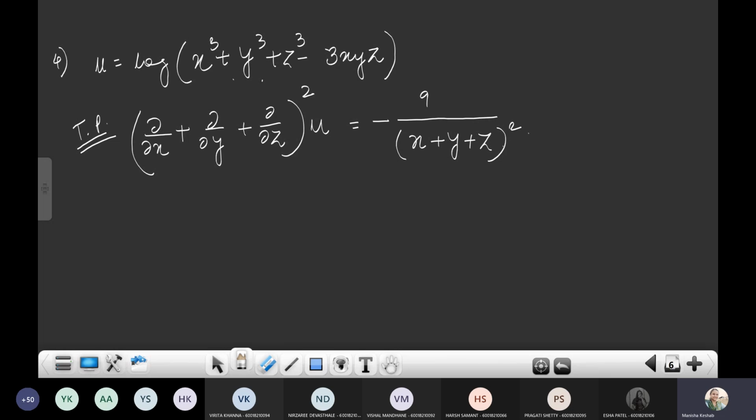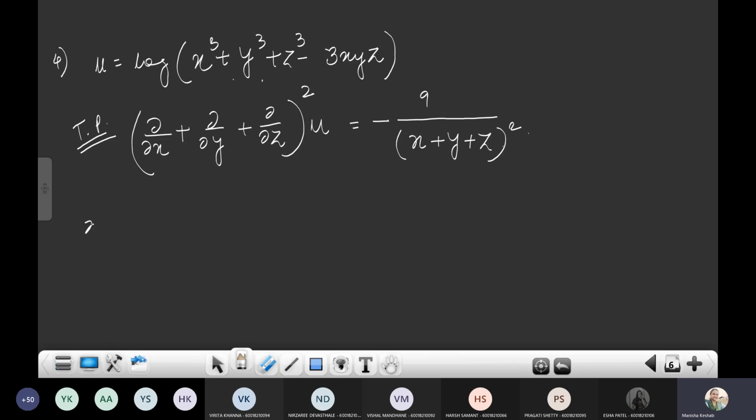If you remember, x plus y plus z into what? x square plus y square plus z square minus xy minus yz minus zx. That was the expansion.